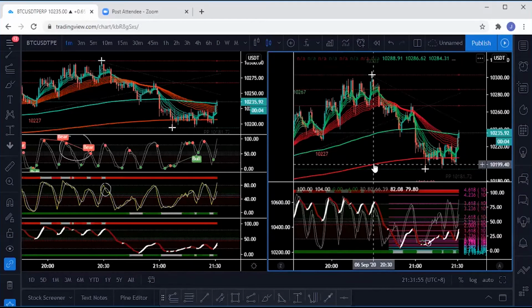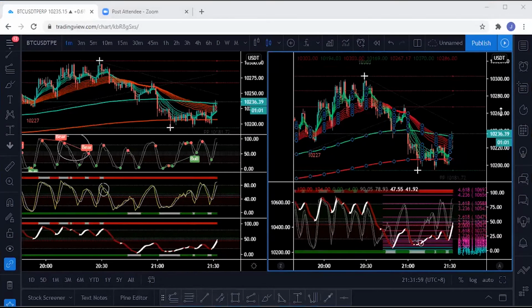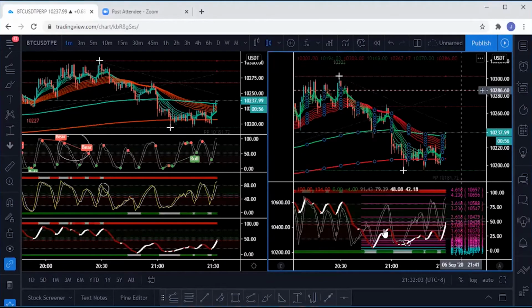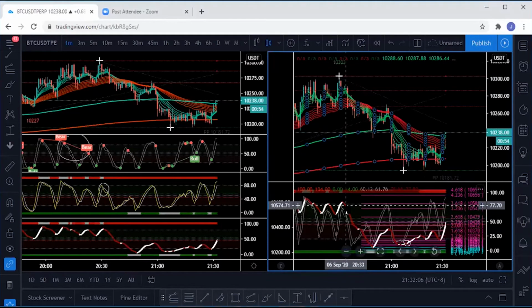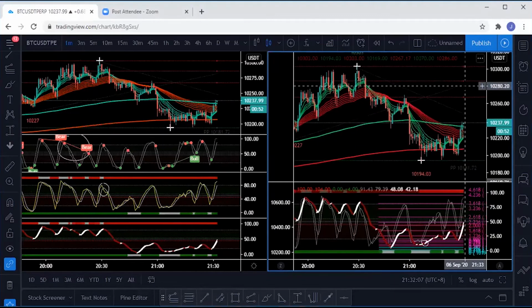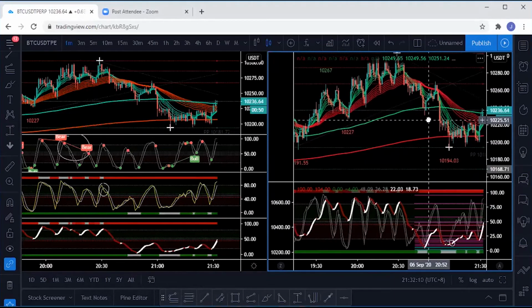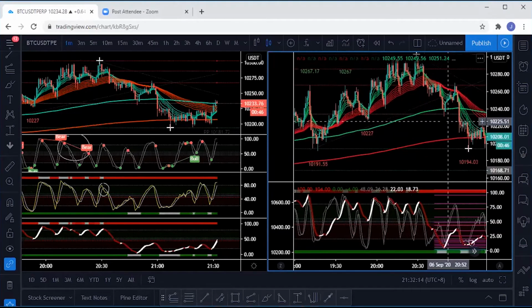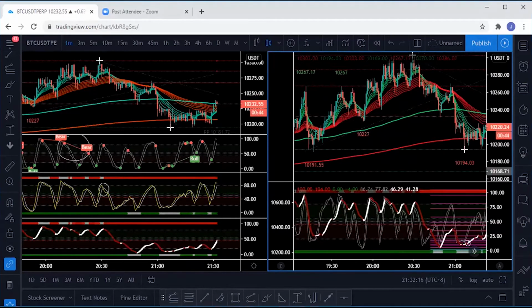Okay, so let us check. For example, there is a divergence in our 15 minutes. So let's find a divergence in 15 minutes. Okay, this is a divergence.